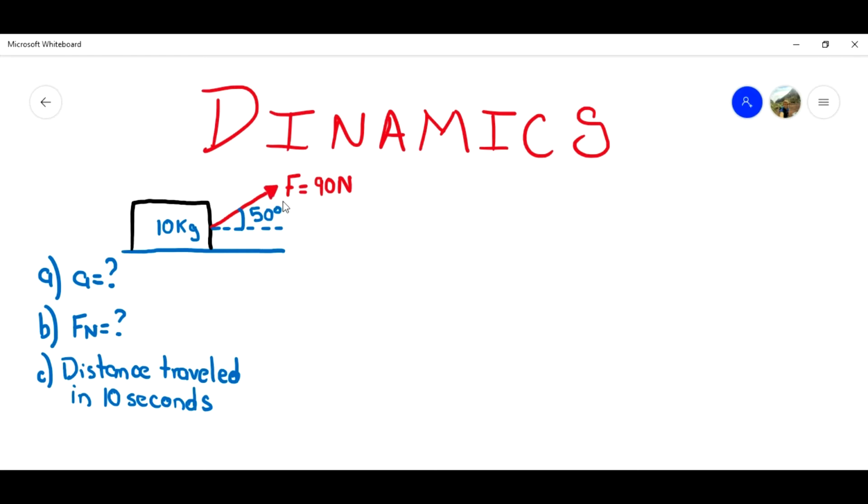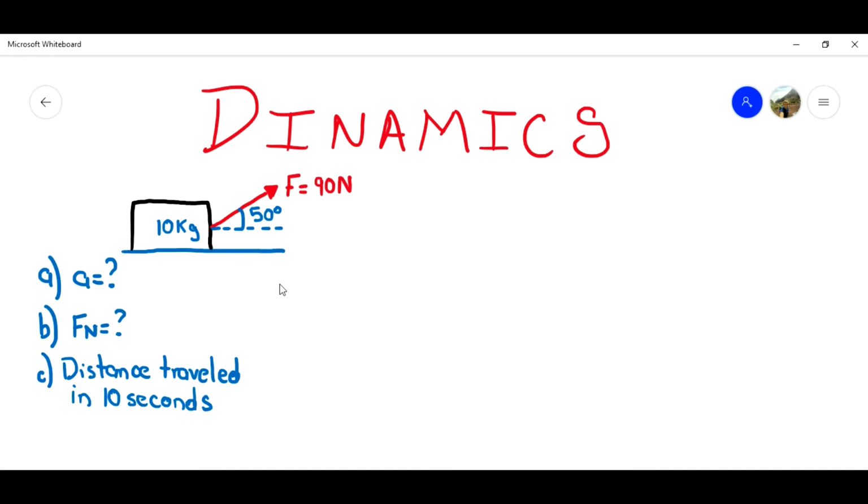Of course, I didn't draw the person because I'm not a very creative person. But this person is pulling the block with a rope. And the force that this person is using is 90 newtons. And the angle between the force and the horizontal is 50 degrees.